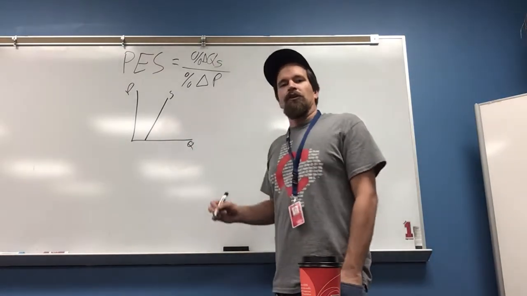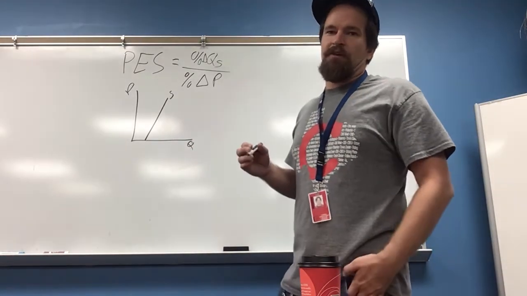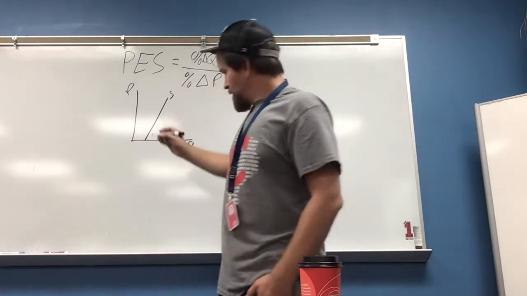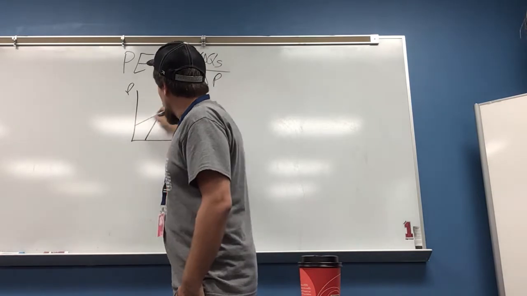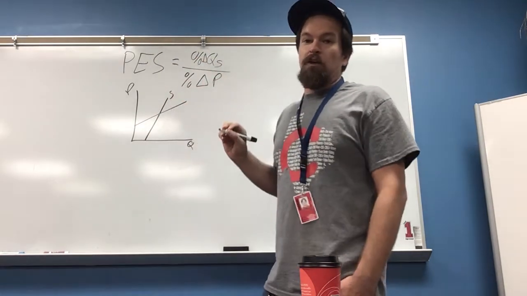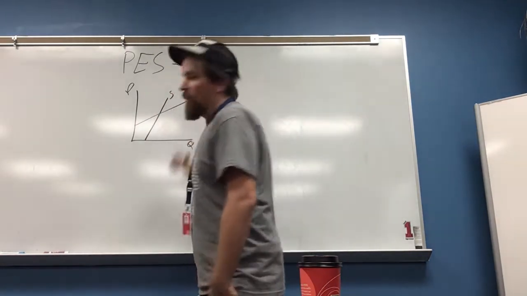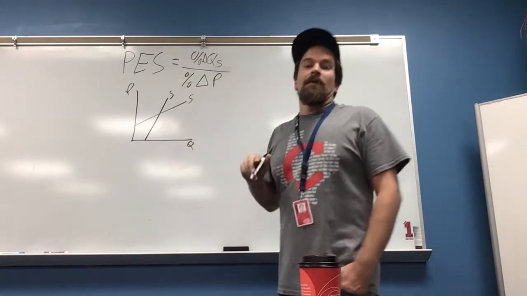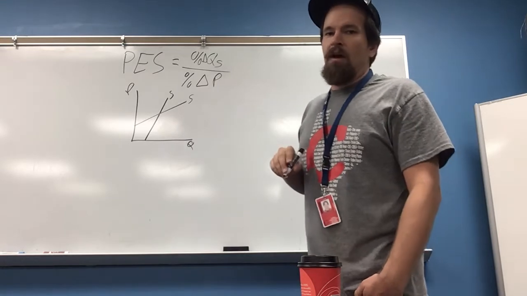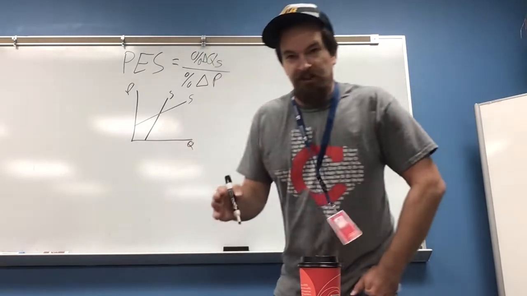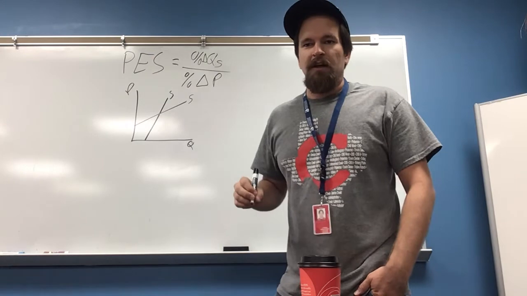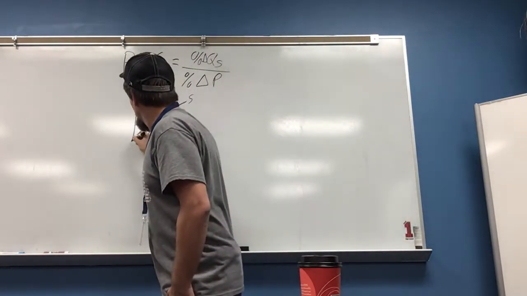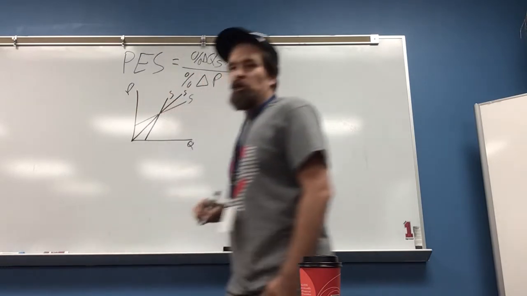If we're looking to illustrate a supply line that shows elastic supply, then we're going to originate that line from the y-axis, or the p-intercept, our price intercept, as you can see here. This would show an elastic supply. If we want to show a unit elastic supply line, then we must start our line from the origin here. This would be unit elastic.